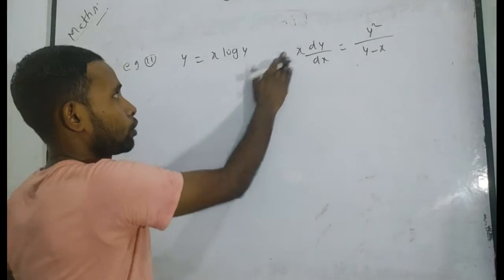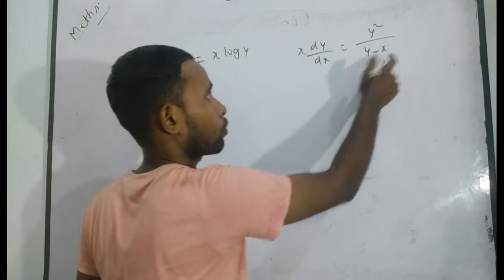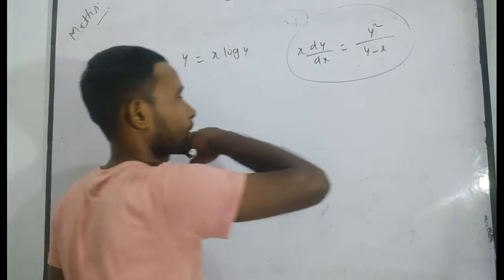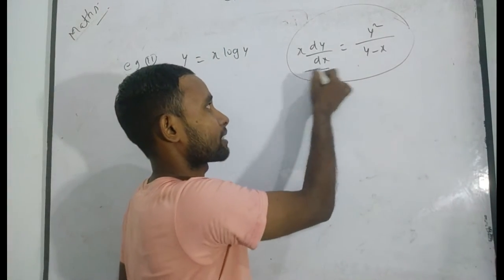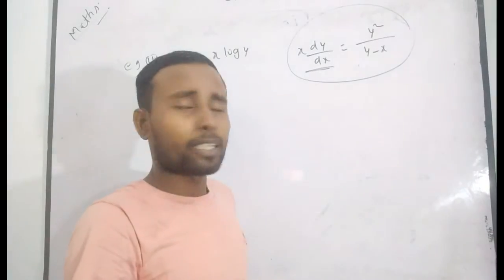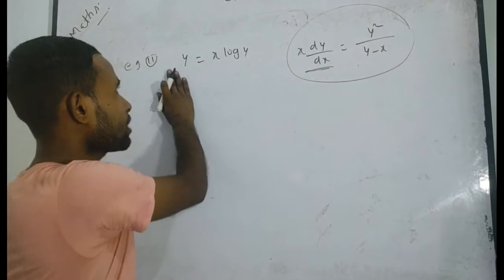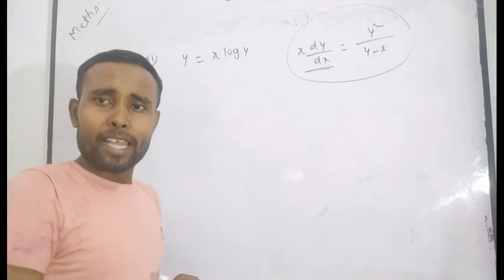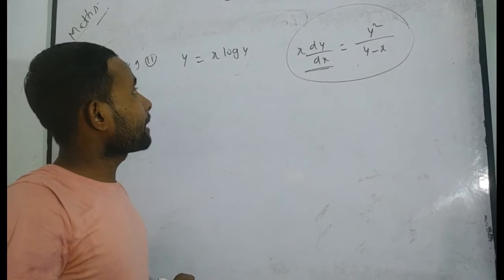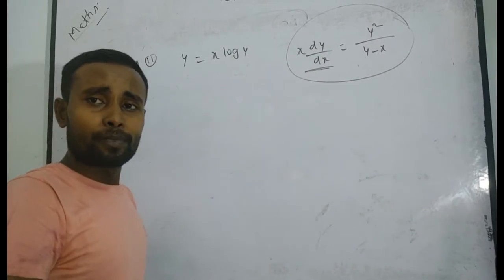First of all, there is a simple clue behind it. You have to find dy/dx, but y is not completely expressed in the form of x.